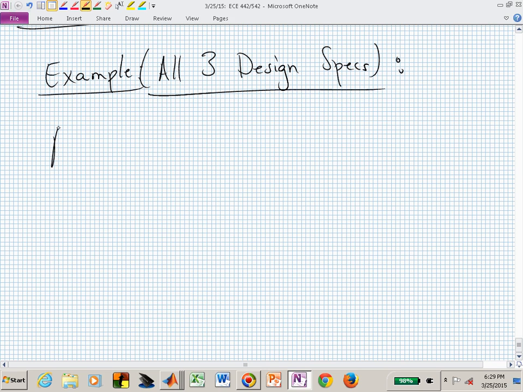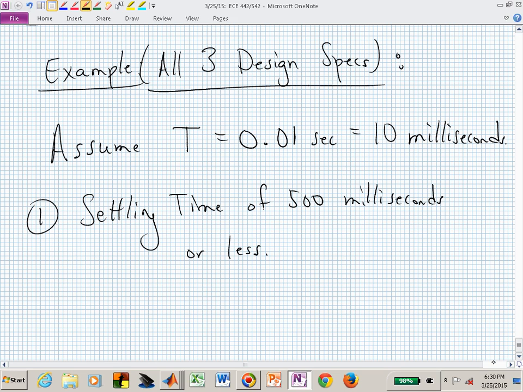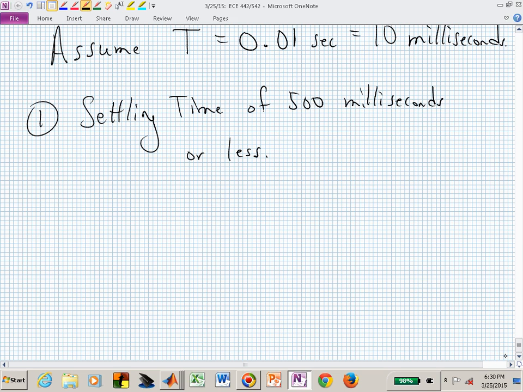Again, let's just assume for this example that our sampling period is 10 milliseconds, or 0.01 second. And let's say that we have a settling time spec of 500 milliseconds, or less. So now we want to settle in half of a second.